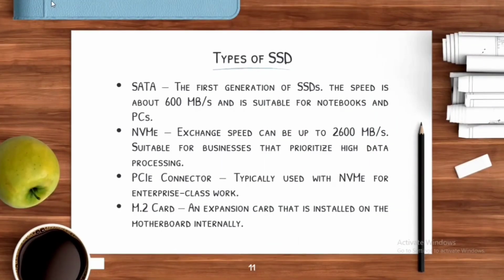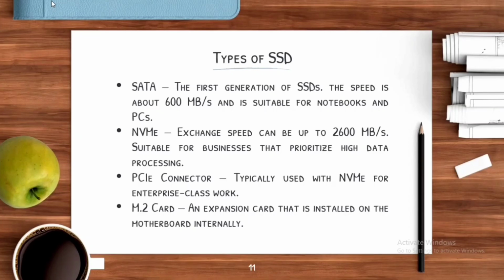Types of SSD. Number 1. SATA, the first generation of SSDs. The speed is about 600 MB per second and is suitable for notebooks and PCs. Number 2. NVMe. Speed can be up to 2600 MB per second, suitable for businesses that prioritize high data processing.